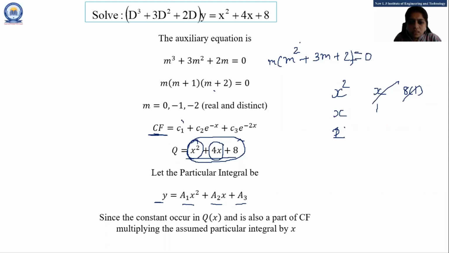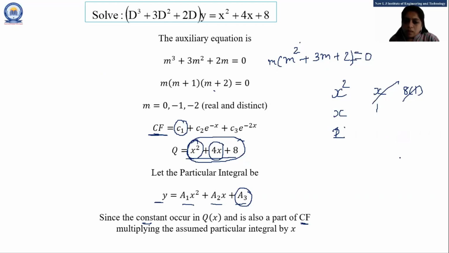This c1 is a constant here, and in the assumed particular integral, a3 is again a constant. So, since the constant occurs in the right hand side and is also a part of the CF, it means there is one common term. Yes, Siddharth, you are right.